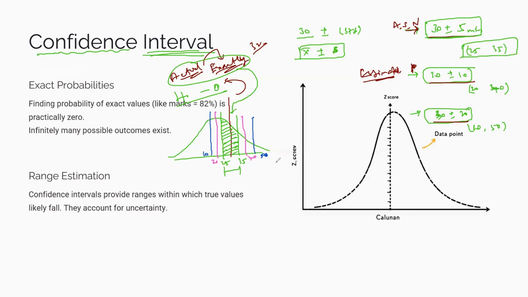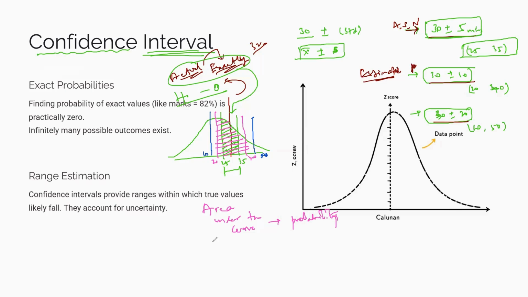Now, when Priyanka mentioned 30 plus or minus 10, what did she say? This is my area. And when I say 30 plus or minus 20, the blue one. So we are talking about area under the curve, right? Area under the curve, which is representing what? Probability.